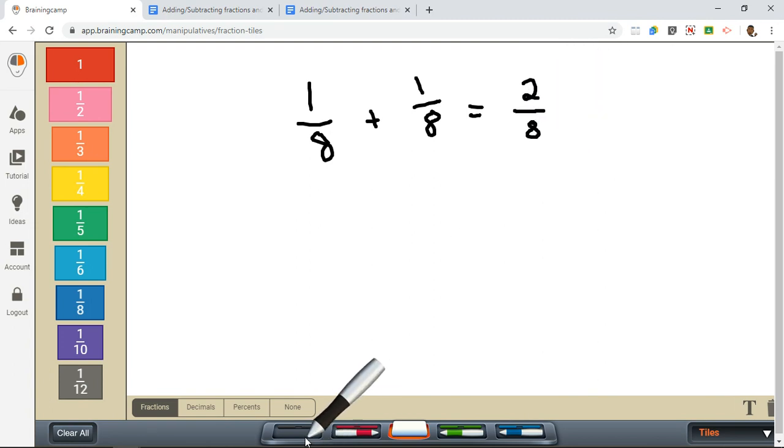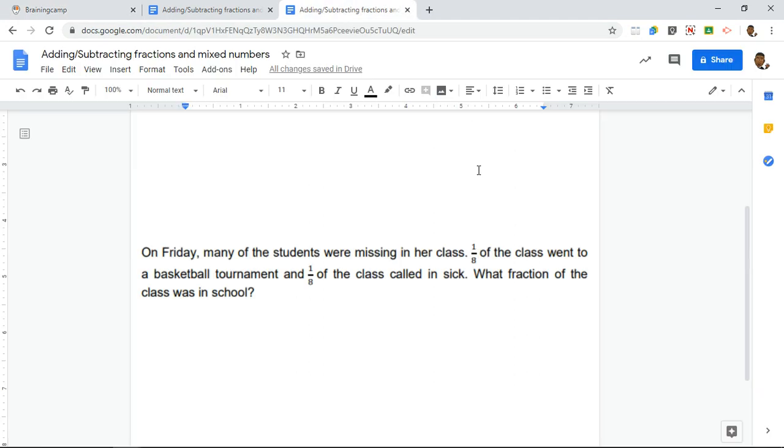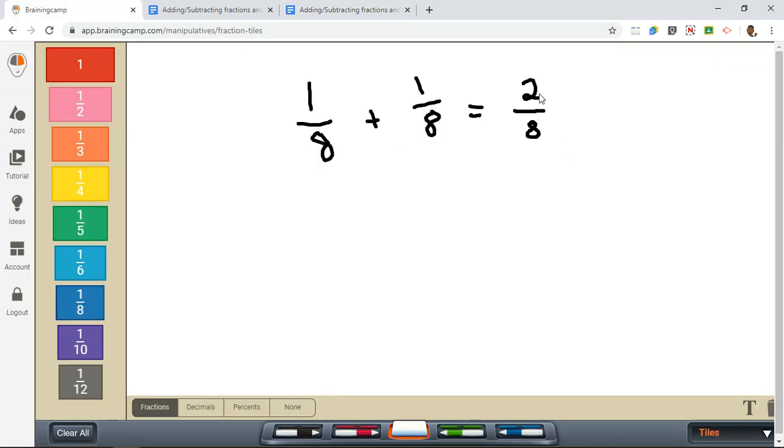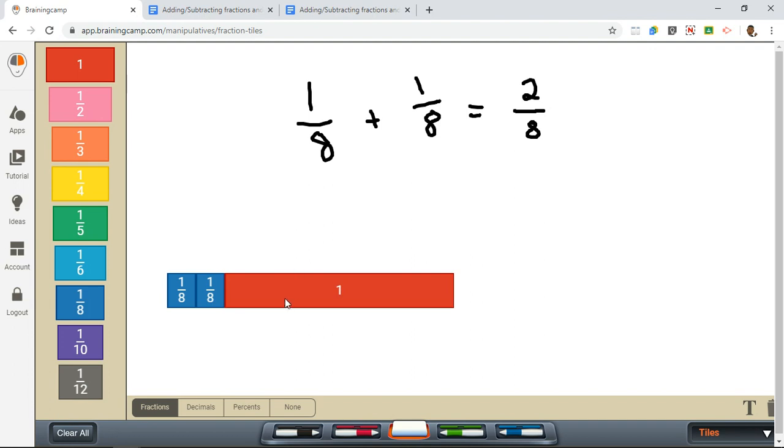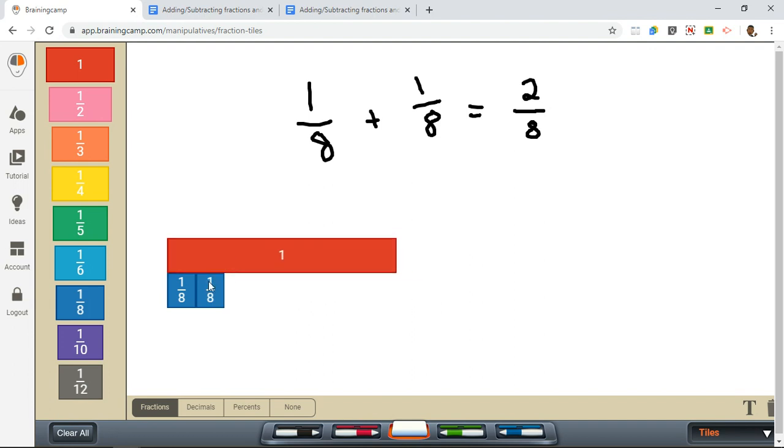So if 2/8 of the class, let's go back to our question, if 2/8 of the class were not there, what fraction of the class was there? So what you do with this, how many more eighths would you need to make a whole? So again, if I have 2/8, 1, 2, and let's take my whole, I need a whole class here. How many eighths would I need to make one whole?